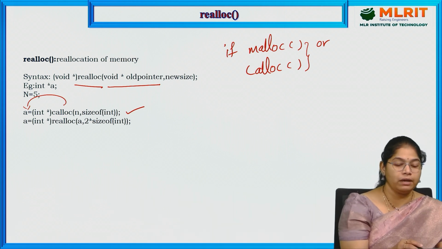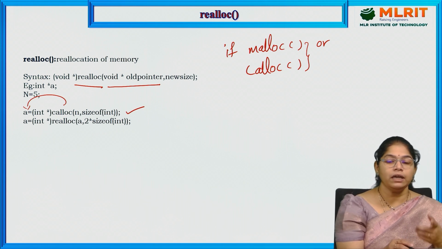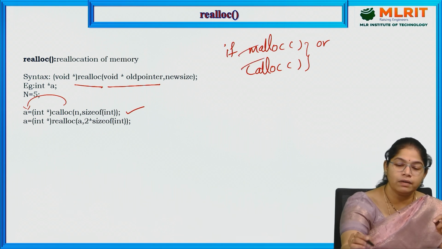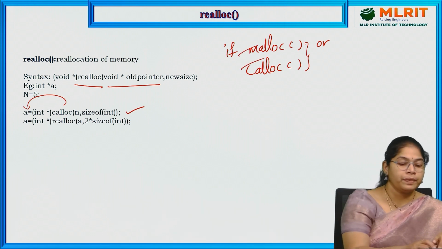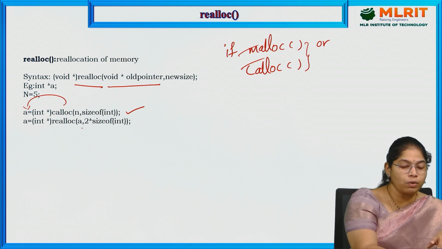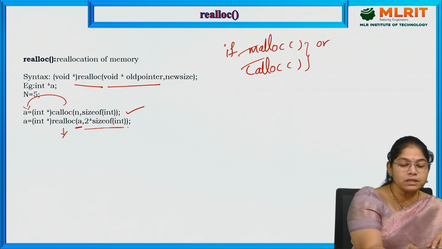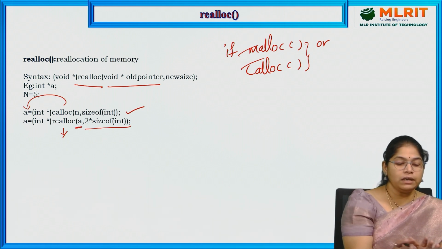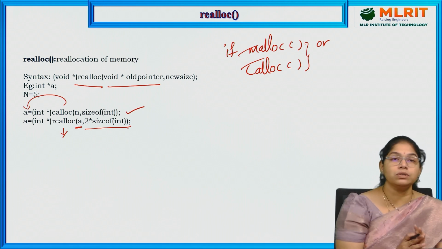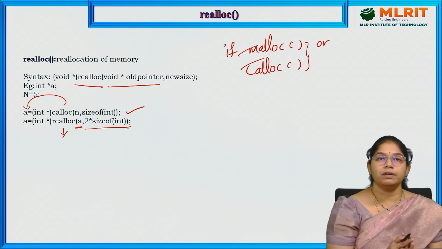Either we can decrease or increase the memory if the memory is allocated by these 2 functions. Then I am resizing the old one using a realloc function. The old pointer is a, and the new size is 2 blocks of memory of data type int.